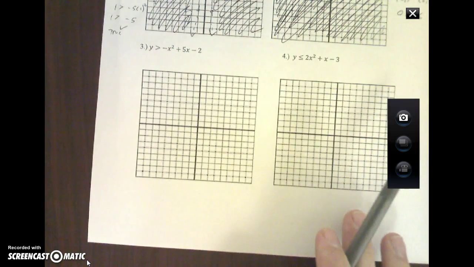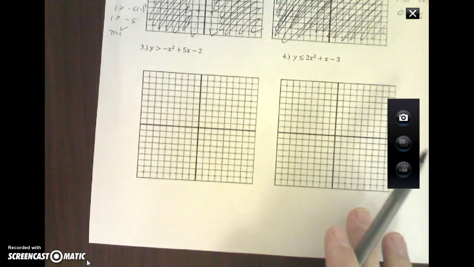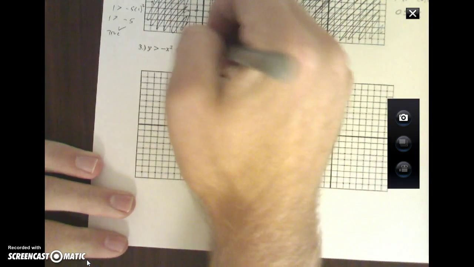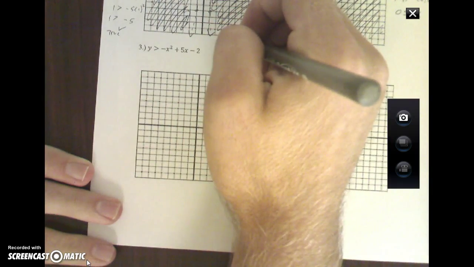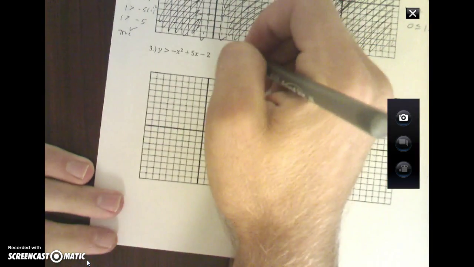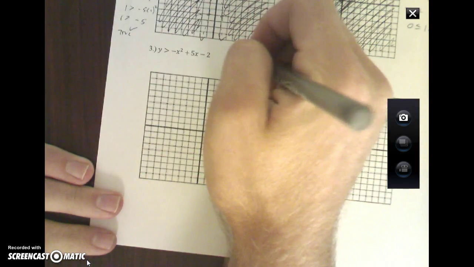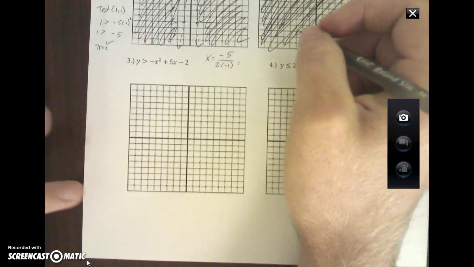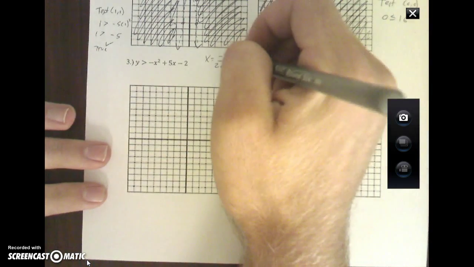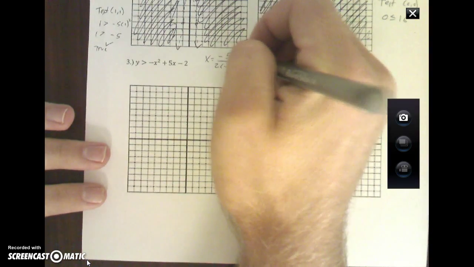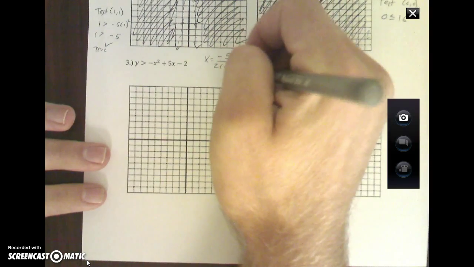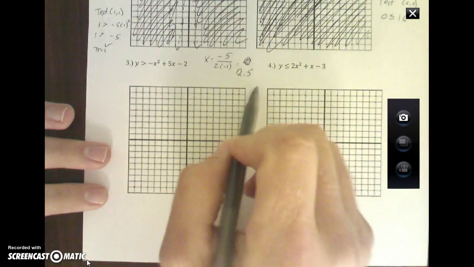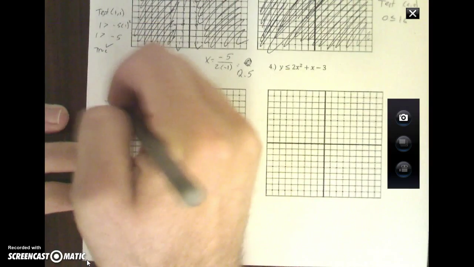Number 3, y is greater than negative x squared plus 5x minus 2. Same idea. Negative b divided by 2a. 2 times negative 1. Please be careful with the negative signs. I'm kind of realizing that's a little difficulty there. So we get positive 2.5. I just said be careful and I make a mistake, right? So here's my xy.